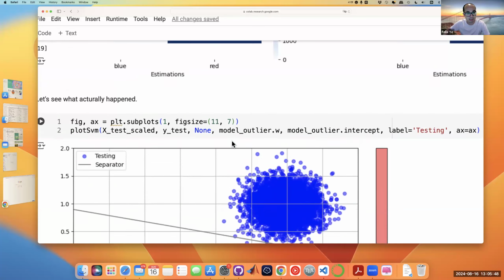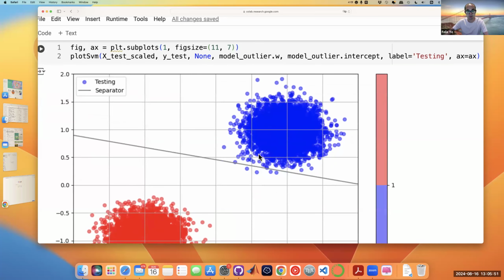So what does it actually look like? For example, this is the testing data. If we're using this linear decision boundary, you can see we have 4 points right here that are supposed to be blue but are classified as red, just because this testing point is so close to these blue points, and my line is so close to this blue point. So if I perturb the data a little bit, it will be classified wrong.